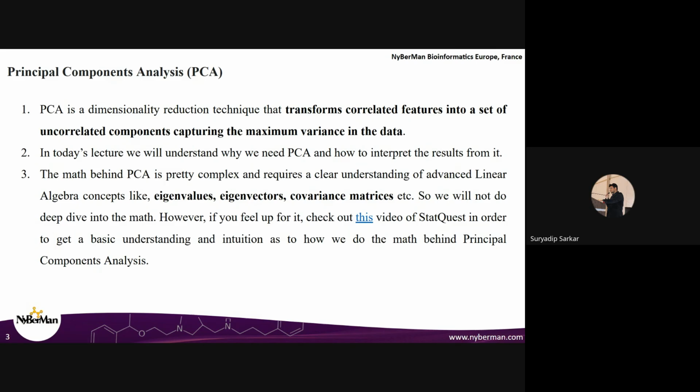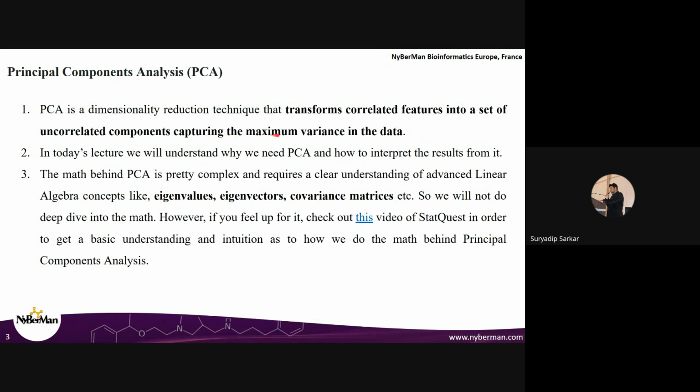That is something we sometimes end up doing. So PCA is doing a very similar thing but also a very different thing at the same time.